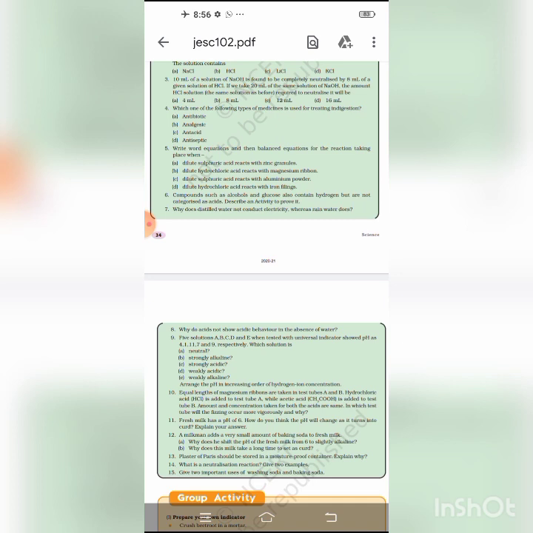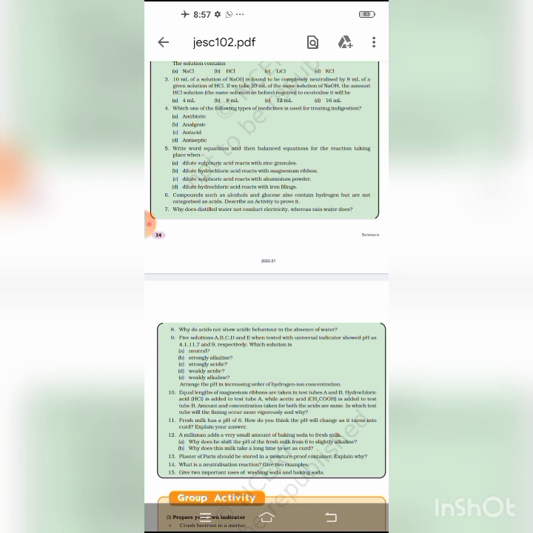If we take 20 ml of the same solution of sodium hydroxide, the amount of HCl solution required to neutralize it will be... Student, option D is the answer, that is 16 ml. Because if we take double the amount of sodium hydroxide solution, the amount of HCl solution required to neutralize it is also double. Okay, so your option D, that is 16 ml, is the correct answer.